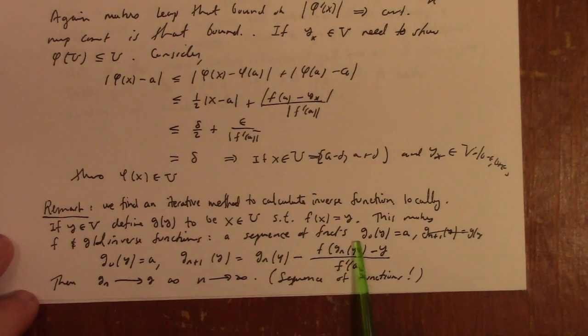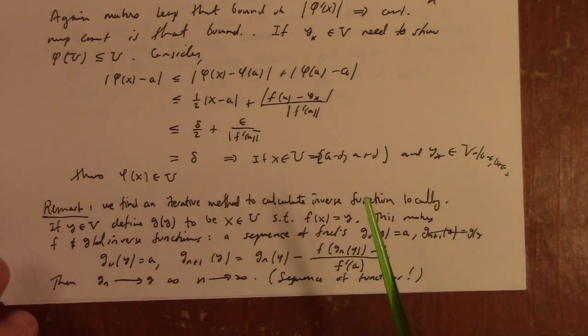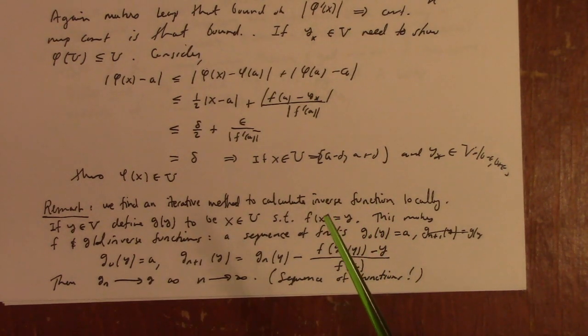So basically, you define the inverse function sequentially as the limit of the sequence of functions so defined. And then that means you're setting up the inverse function in terms of this iterative sequence, right?